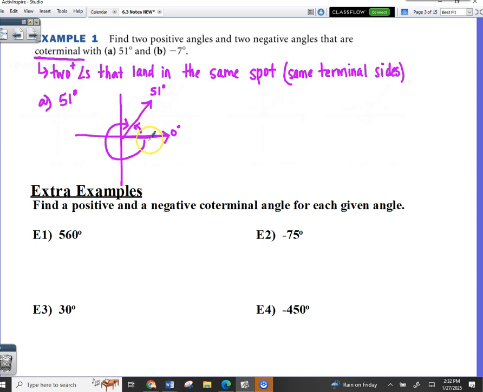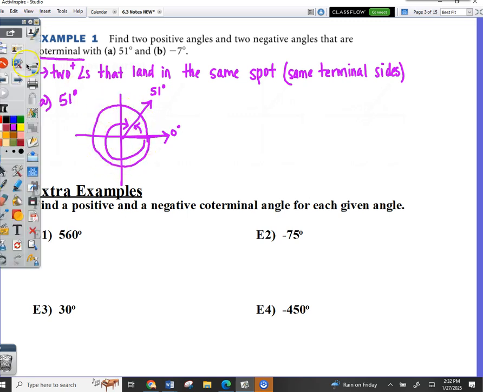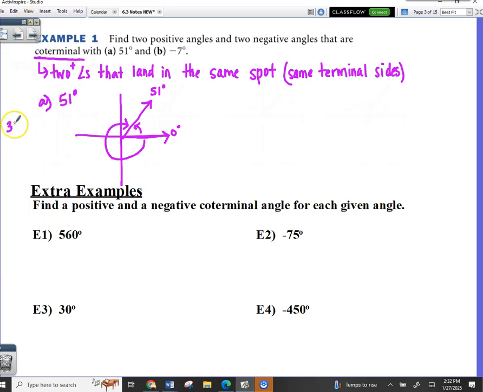So think about it, if I had continued rotating and landed right back where I started, I just completed a full what, y'all? 360. But I didn't, I stopped right here. So what's the gap that I didn't complete? The 51. So 360 minus 51 gives me what, y'all? 309.